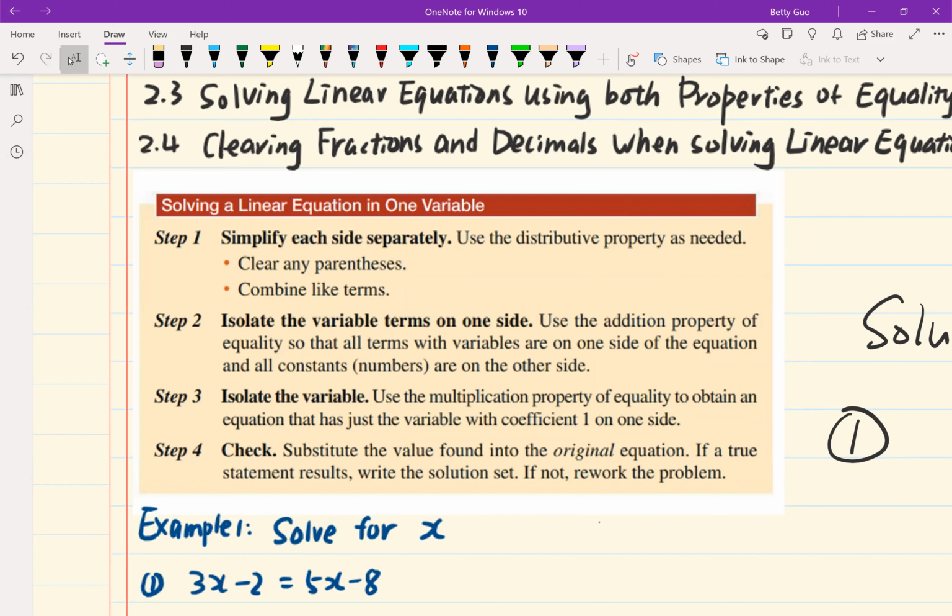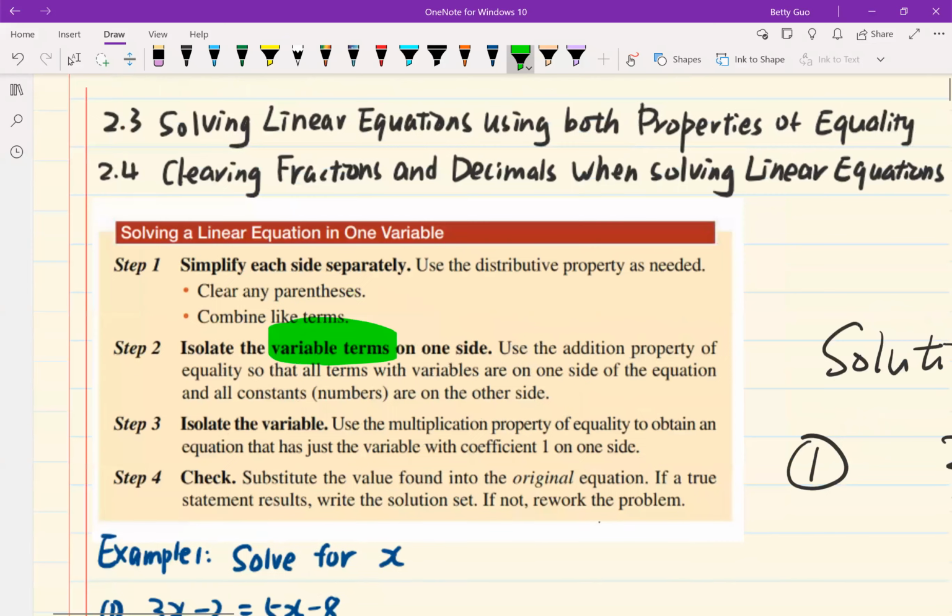I'm going to show you what the variable terms are. Isolate variable terms on one side. Normally, we isolate the variable terms on the left. Use the addition property of equality so that all terms with variables are on one side of the equation and all constants are on the other side.